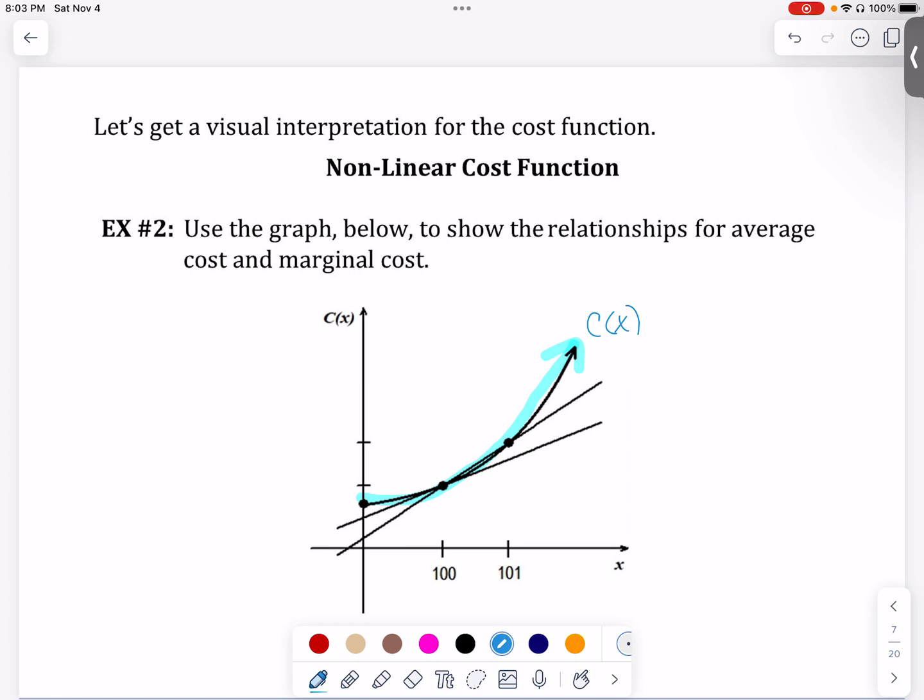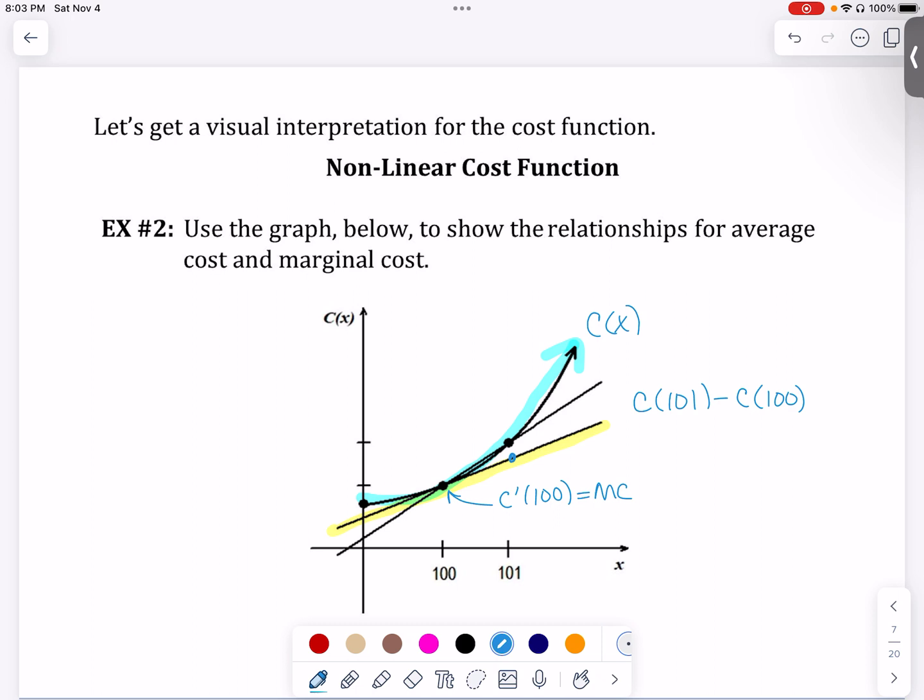And then we could look here, and if we wanted to know that, we could use C prime of 100, and that would be our marginal cost, versus the cost of producing one additional item would be that C of 101 minus C of 100.